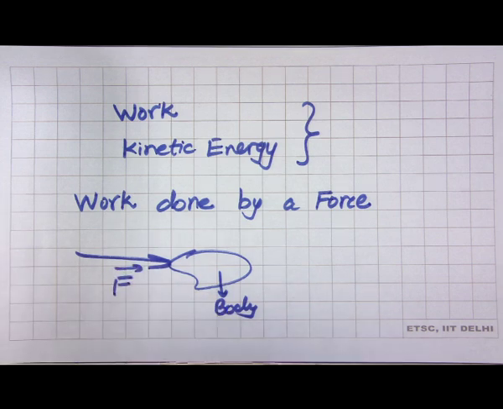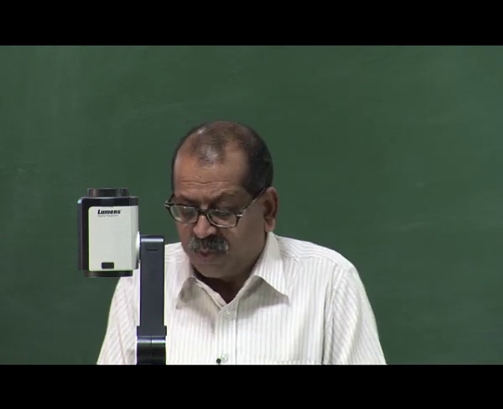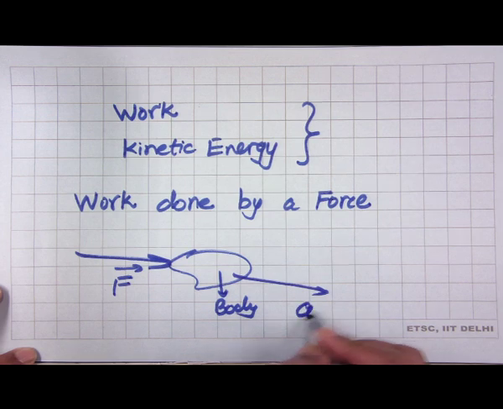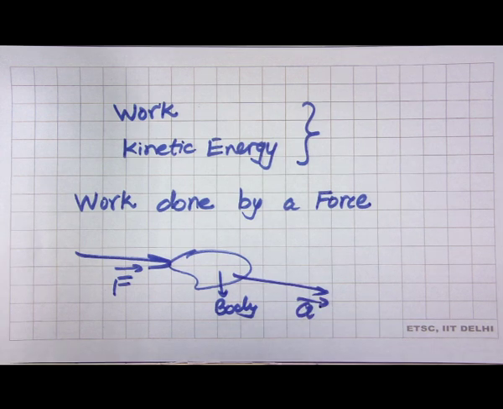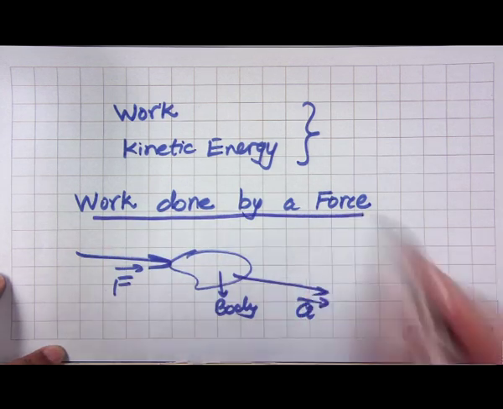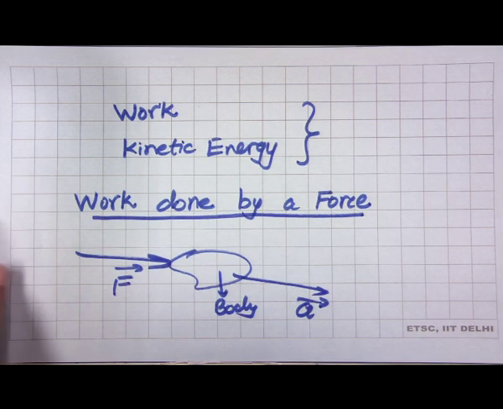In general, if this is the only force acting on this body, then the body will start to move with an acceleration a in the direction of the force. Of course, more than one force could be acting on a body. Now, let us define the term work done by a force.